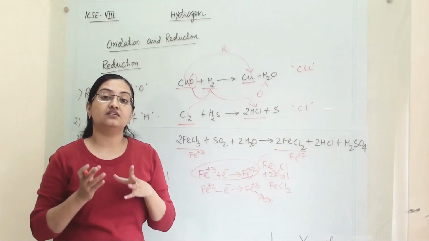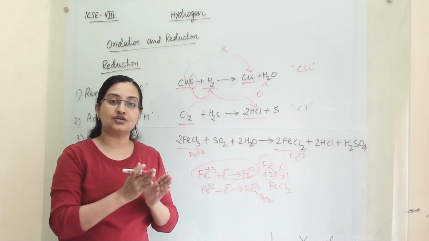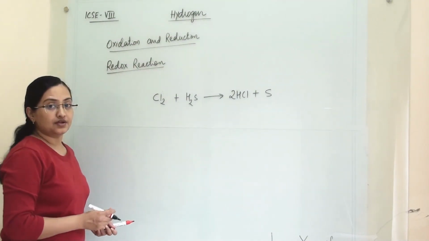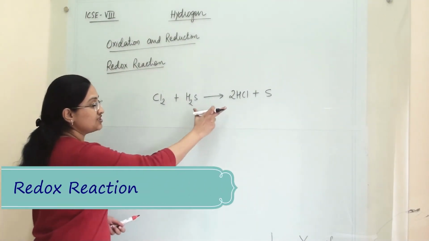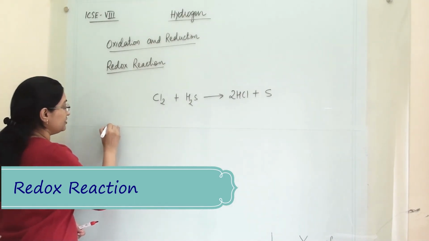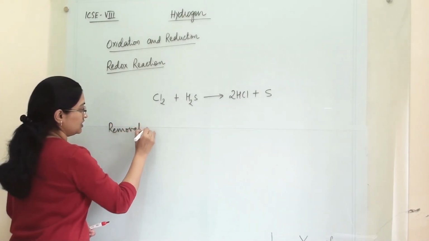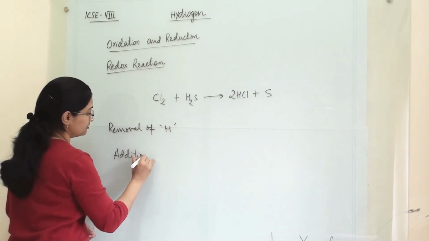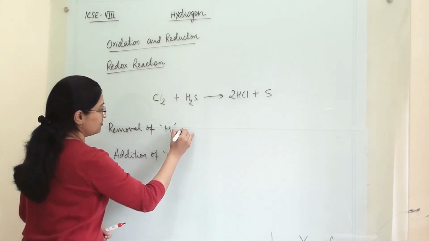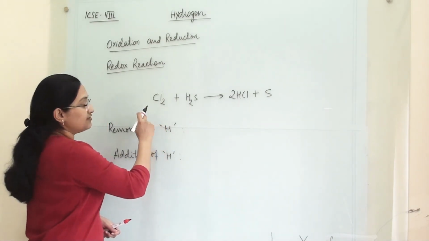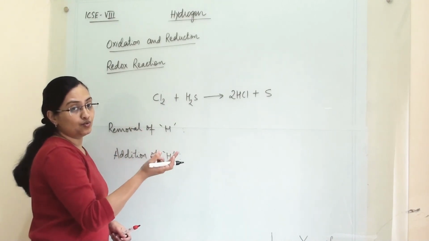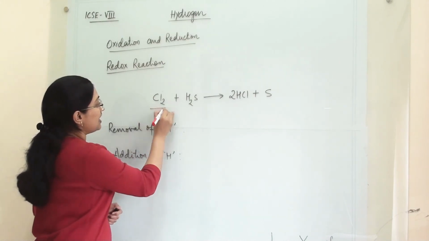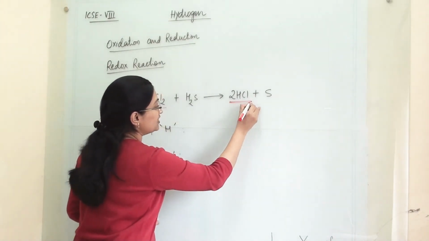Now we will see the redox reaction in which reduction and oxidation both will happen simultaneously. So here in this reaction we can see that hydrogen has involved. So either it will be a removal of hydrogen or it will be an addition of hydrogen. So we will see from where hydrogen is being added to which atom. So here chlorine is alone and then hydrogen is being added with chlorine.